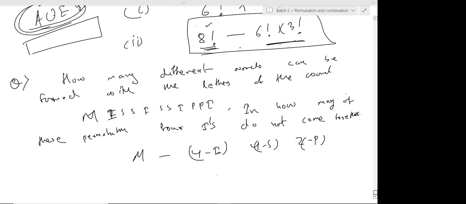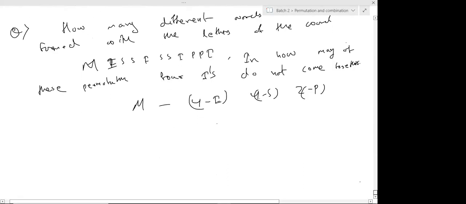So in the first part, how many arrangements are possible? So 11 factorial divided by 4 factorial into 4 factorial into 2 factorial, right? Because in total we have 4 I's, 4 S's and 2 P's.